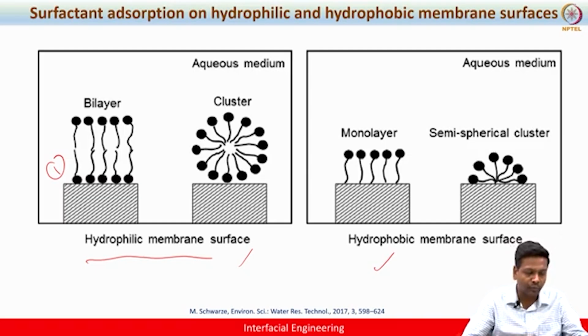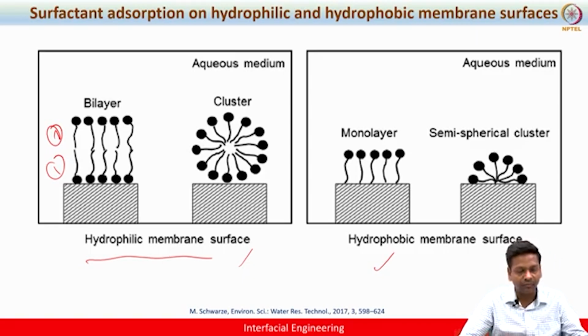As soon as the monolayer forms, because the tail is hydrophobic, it can attract another layer of surfactant through hydrophobic interaction between two tail groups. In this way you can expect a bilayer formation on the membrane, but there will be no further growth because between head groups there will be electrostatic repulsion.